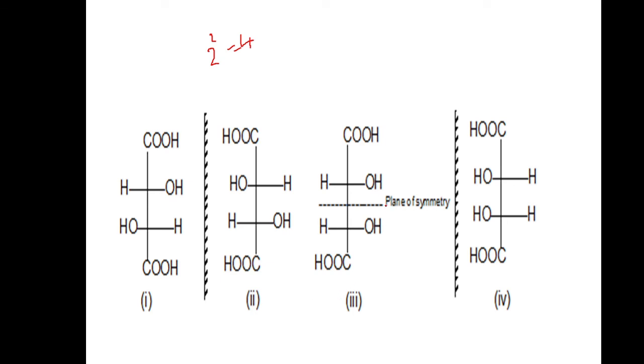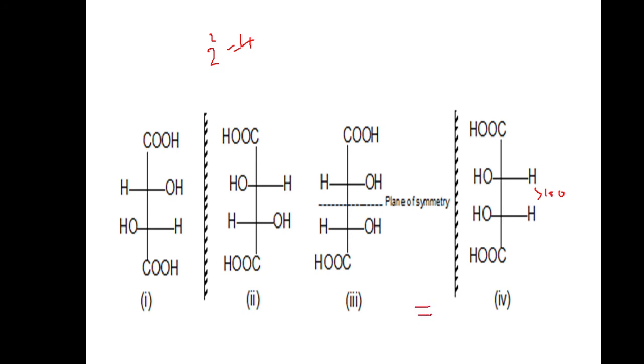But in structure 3, both the hydroxyl groups are on the same side, and structure 4 is the mirror image of structure 3. But when you look at structure 4, if you rotate it by 180 degrees, the structure will be exactly equivalent to structure 3.